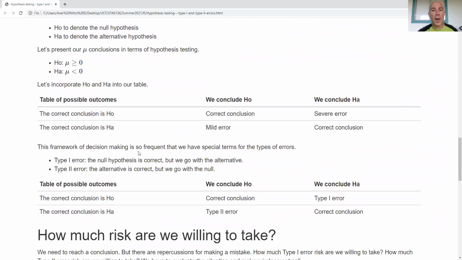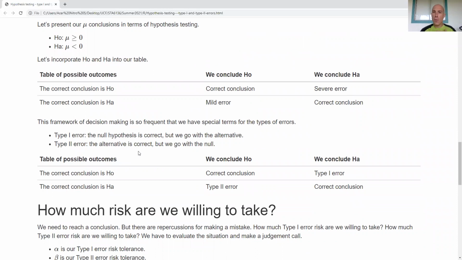Now let's incorporate this vocabulary into our table. One possibility is that the correct conclusion is that the null hypothesis is correct. One possibility is that the alternative hypothesis is correct. We can conclude that the null hypothesis is correct, or we can conclude that the alternative hypothesis is correct. Things remain the same on the table.